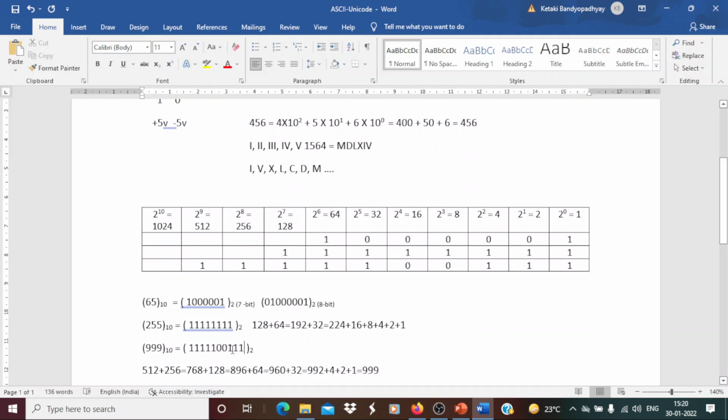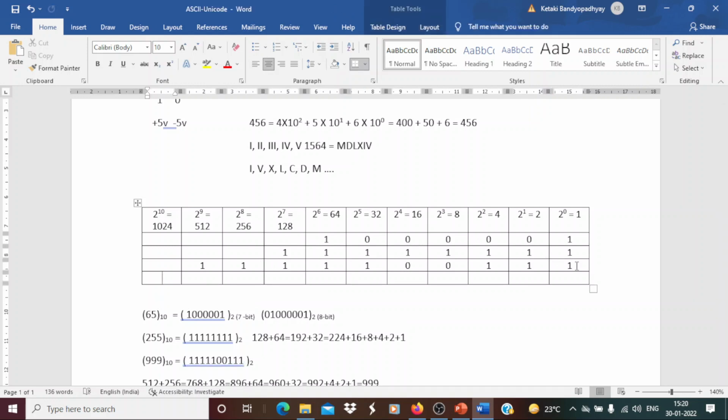Any binary equivalent can be converted into its decimal equivalent by using the same scale. So suppose, what is the decimal value of the binary number 11011?